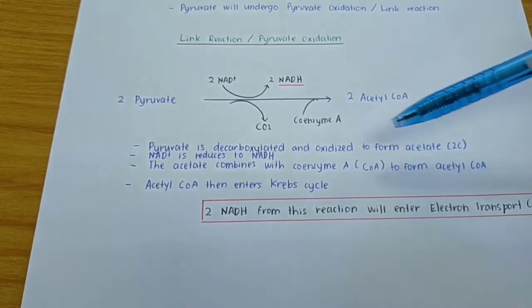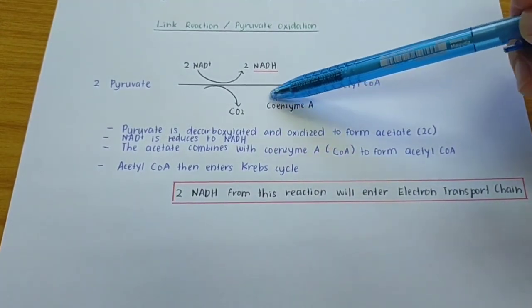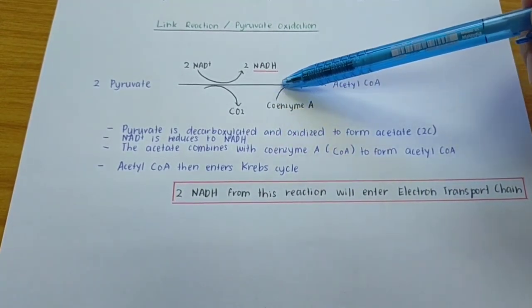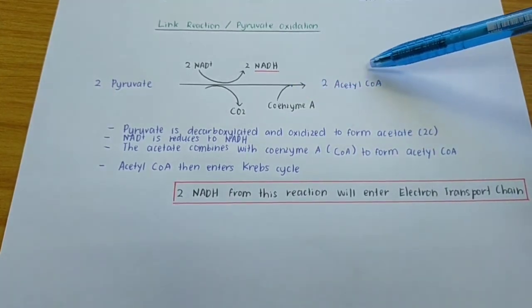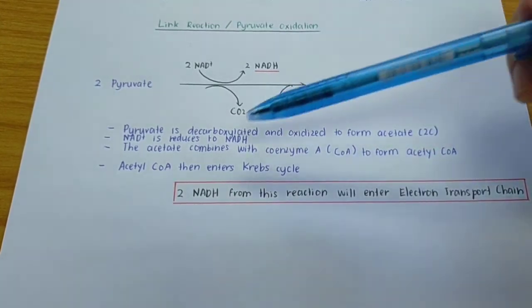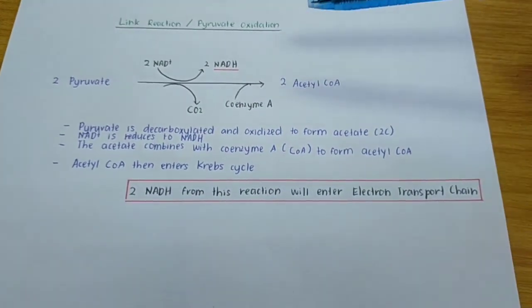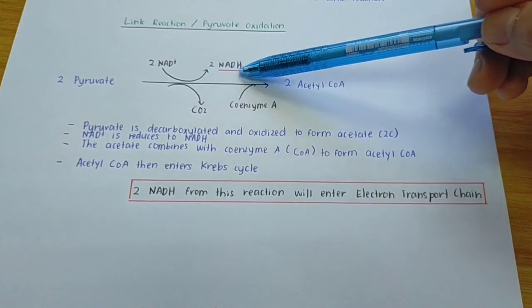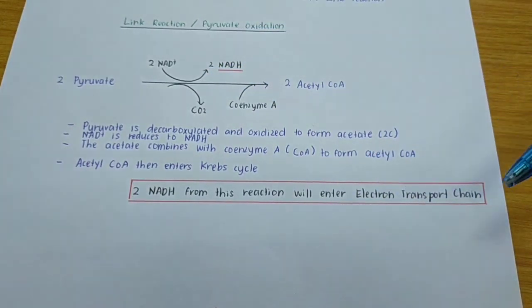Okay, then what happened to the acetate? Acetate will combine with coenzyme A. Coenzyme A will attach to the acetate molecule, and it will form acetyl-CoA. So what happened to this acetyl-CoA? Acetyl-CoA then enters the Krebs cycle. Okay, so don't forget, these 2 NADH later will enter the electron transport chain.